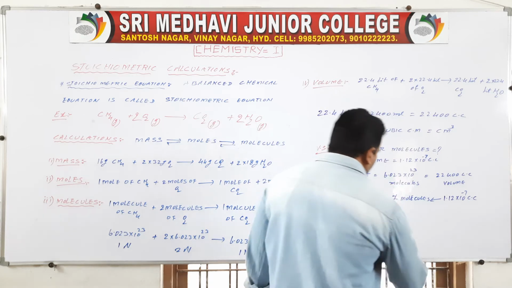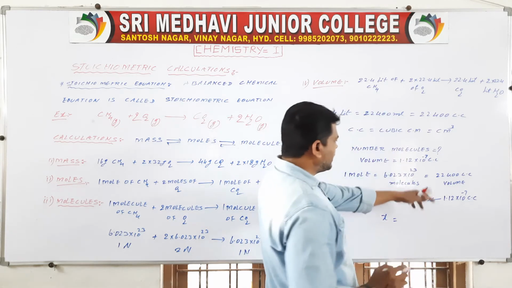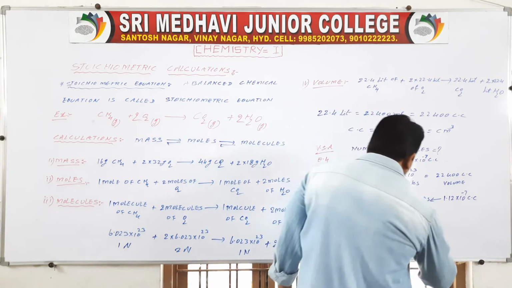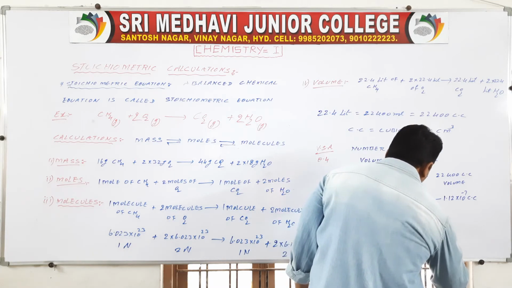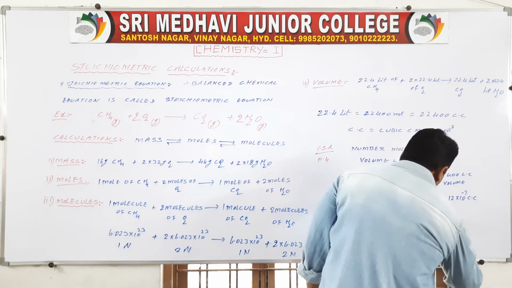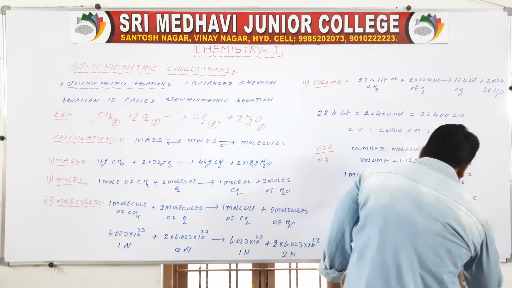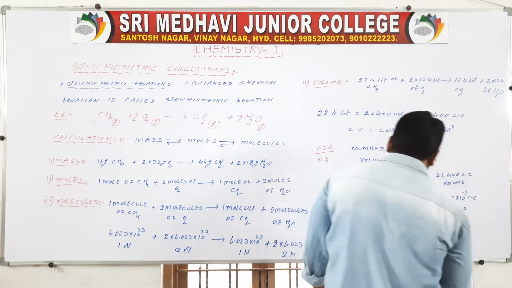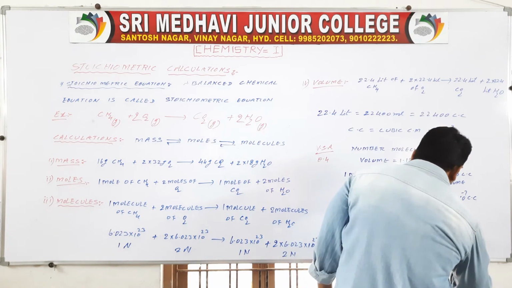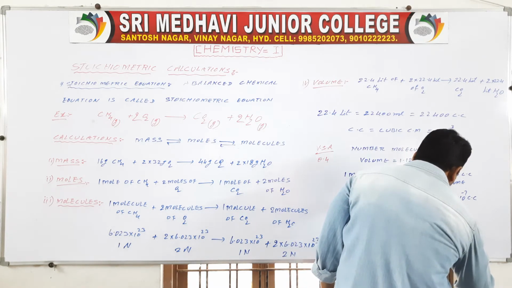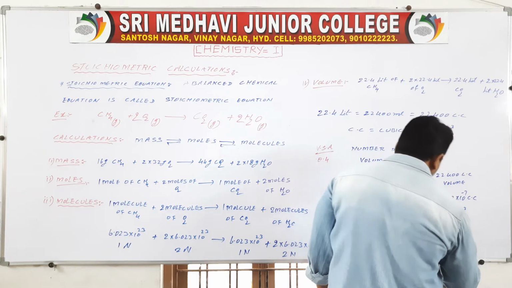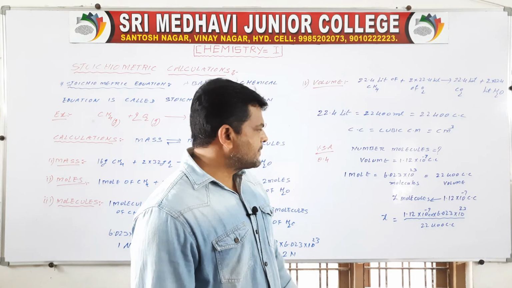X molecules. So x is equal to 1.12 into 10 power minus 7 into 6.023 into 10 power 23 by 22,400 cc. It is in cc.